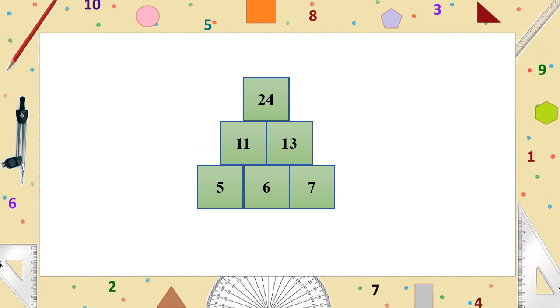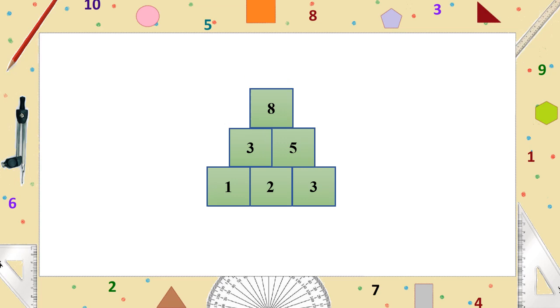Let's check another pyramid. Here, at the bottom line, we can see consecutive numbers from 1 to 3: 1, 2, and 3. Here also, 1 plus 2 is 3. 2 plus 3 is 5.